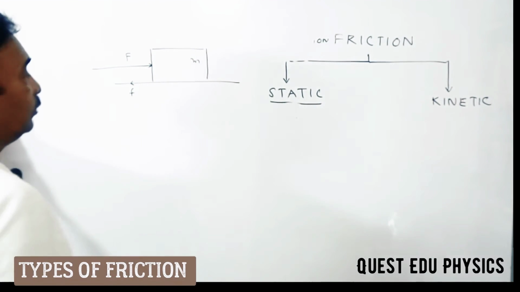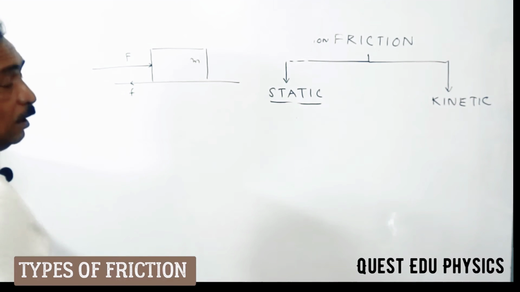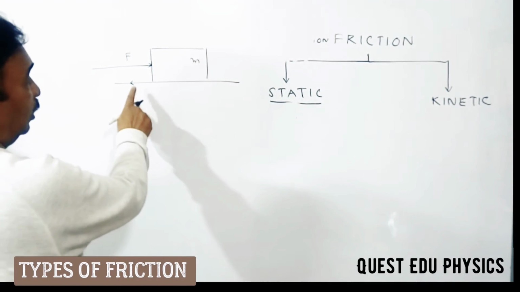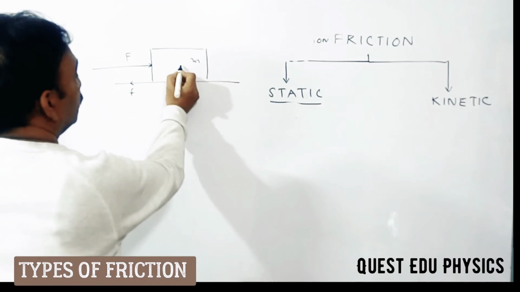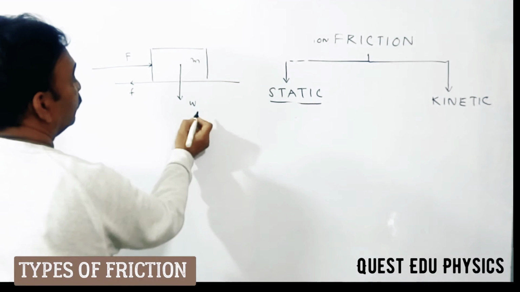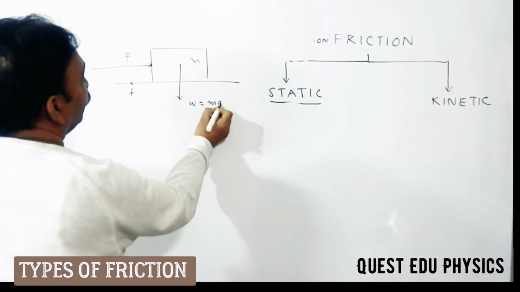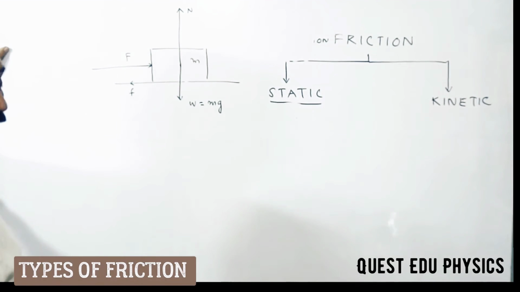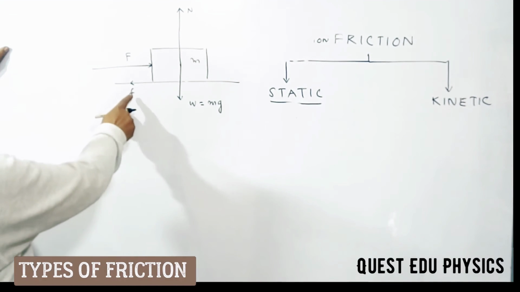It is in opposite direction. Okay, with that we can say frictional force. Here is the weight of the body which is acting vertically downwards. It is equal to mg and it is the normal reaction.